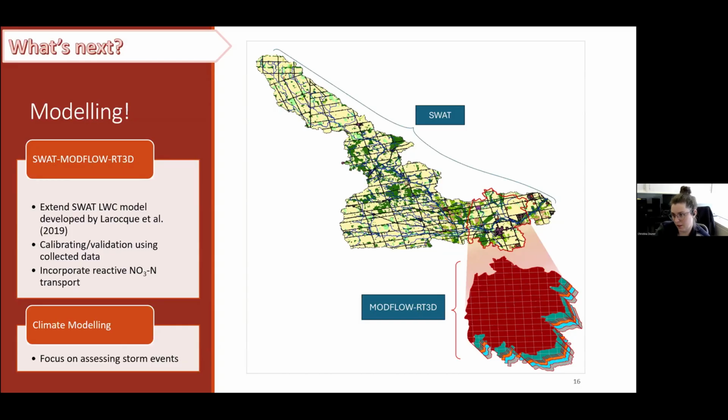So that's the kind of the next steps in research that I'm doing. So here you can see just a conceptualization of what the integrated model is, SWAT, MODFLOW and RT3D. And then, yeah, this is what we're doing. This is where we're moving forward.